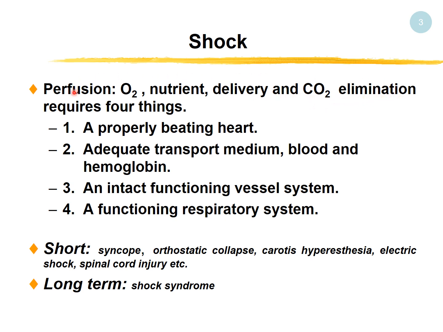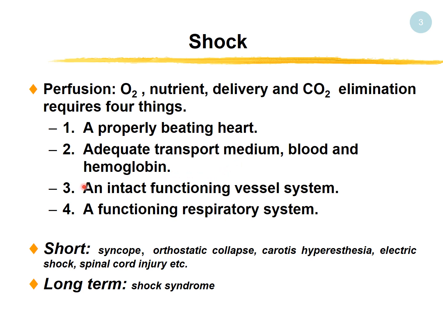And this perfusion needs at least three different things. First of all, we have to have a normal pump function, a normal heart function. Next, we have to have an adequate transport medium, such as blood, and the blood should contain enough hemoglobin that can bind, first of all, the oxygen and can help to remove the carbon dioxide from the periphery.